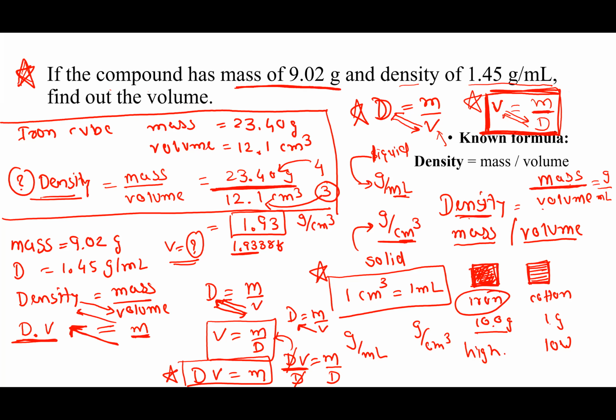I think you guys wrote 6.22, which I believe should be the right answer. The value for M is 9.02. The value for density in this question is 1.45. If you divide these numbers, yes, it could be 6.22.